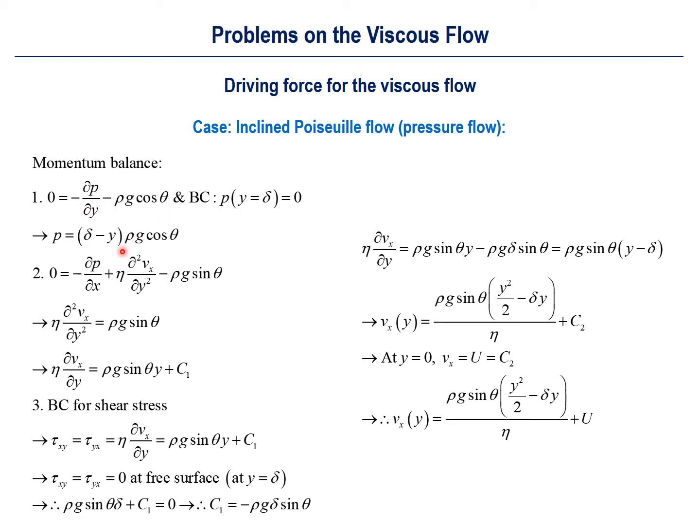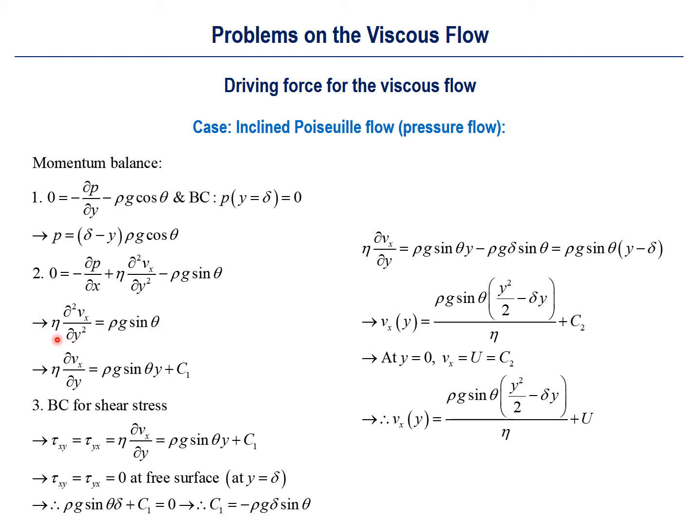Del P over del y is negative rho g cosine theta, right? In the x direction, we can find that the double derivative of Vx with respect to y is equal to what? Rho g sine theta here, right?